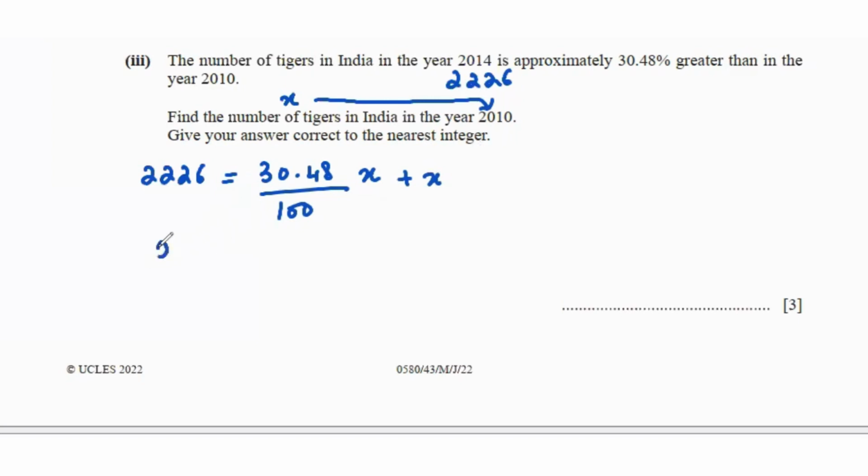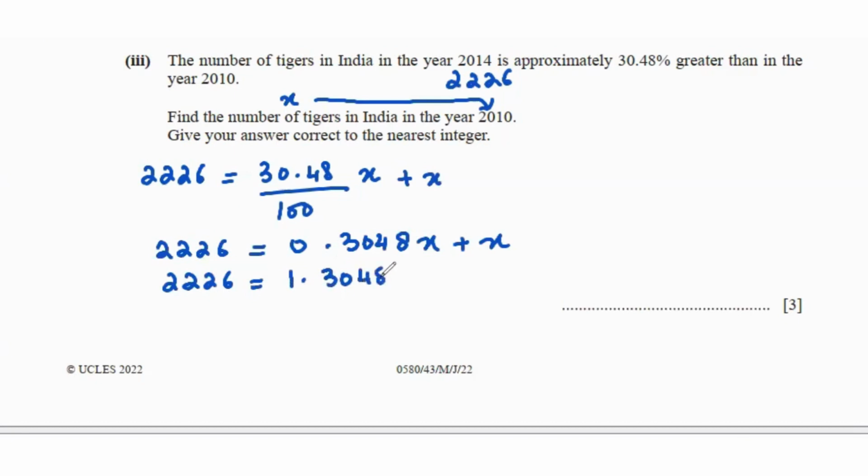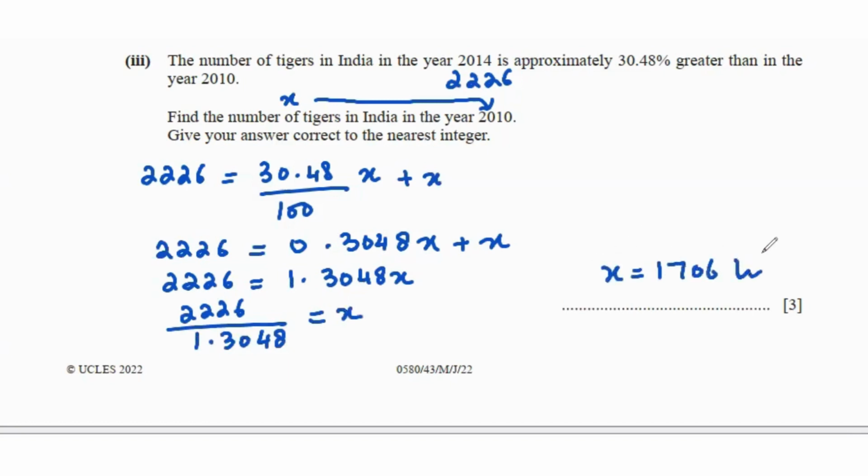So that's going to be basically 2,226 equals 0.3048x plus x, which is 1.3048x, and then we divide the two, and that is going to give us 1,706 tigers. This is for your 2010 value.